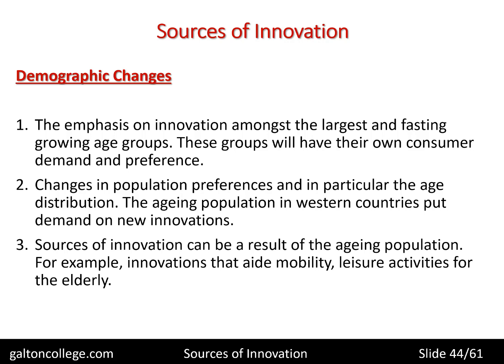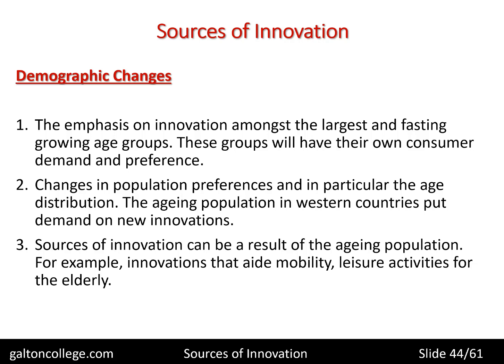So sources of innovation can be the result of the aging population. For example, innovations that aid mobility or leisure activities for the elderly. We're all aware of holidays that are available for elderly people. These holiday packages are designed specifically for older elements of the population.